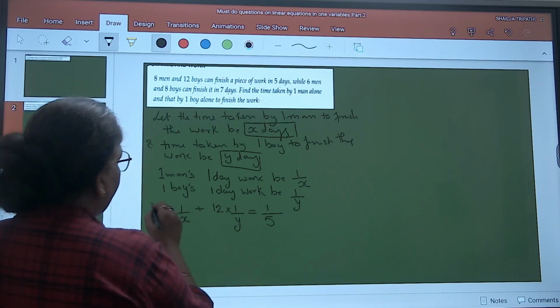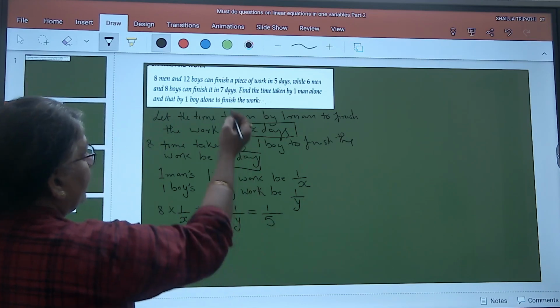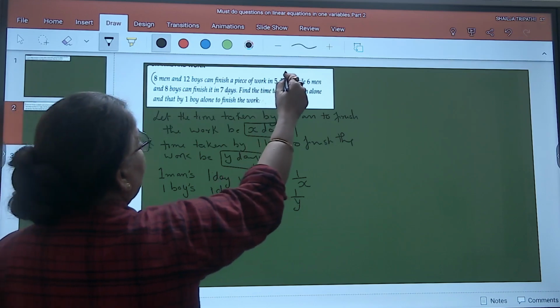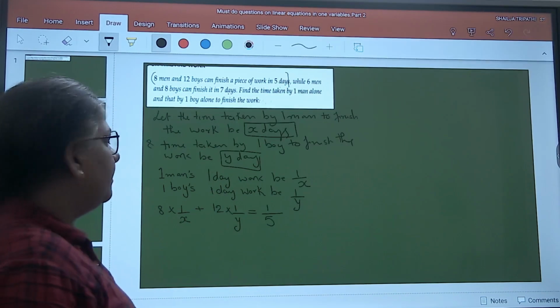So we get this equation from this part of the question.